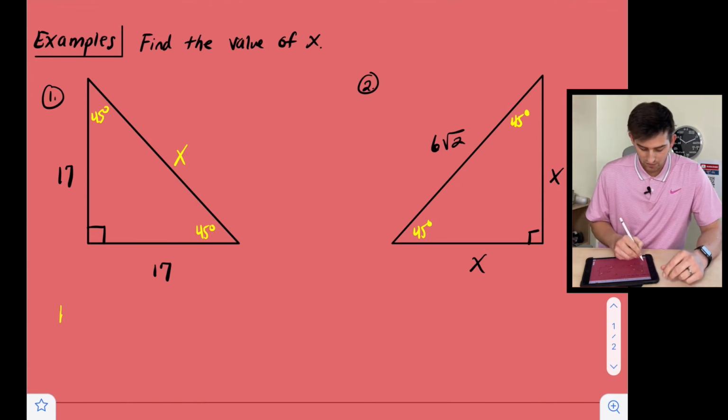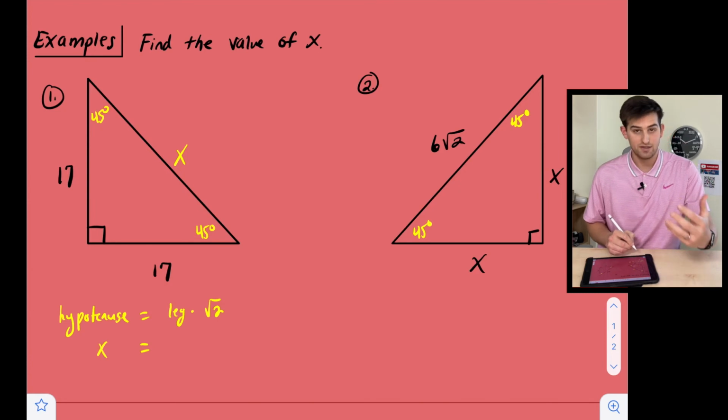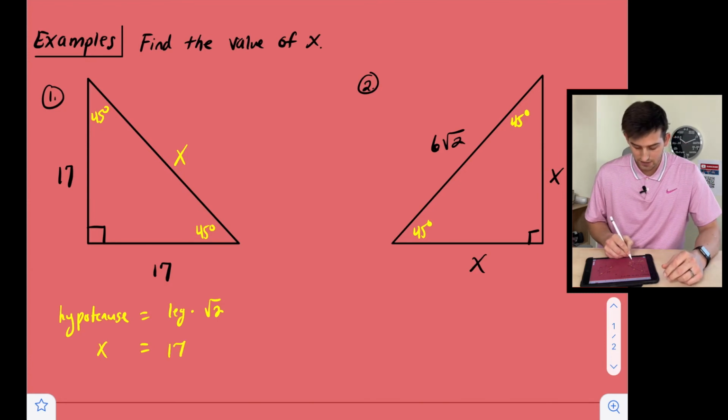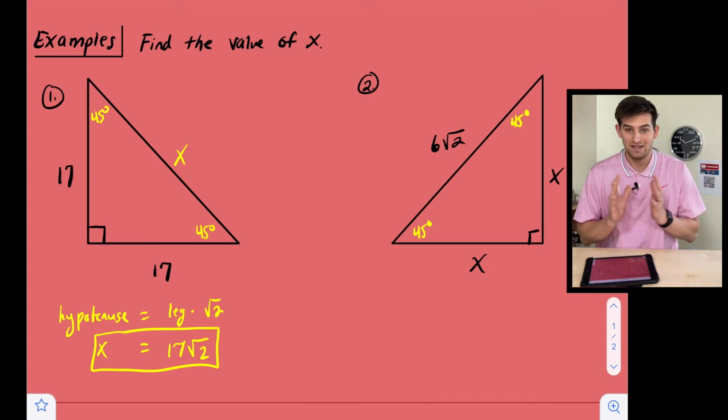So we know that our hypotenuse is equal to the legs times the square root of 2. So we'll call the hypotenuse x, and our leg is 17, so times the square root of 2. And so now we could just write that all together and say the hypotenuse is equal to 17 root 2, and that is it.